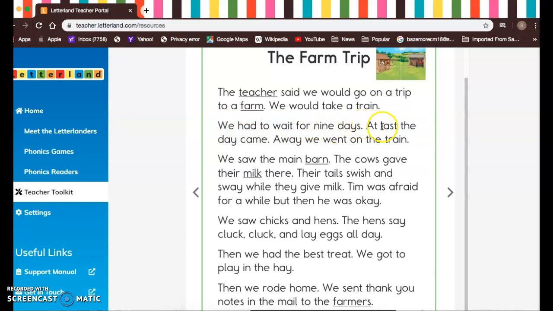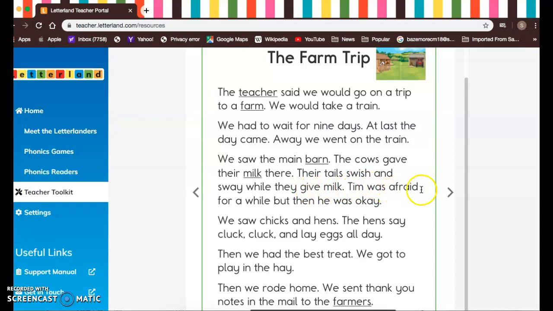At last the day came. Away we went on the train. We saw the main barn. The cows gave their milk there. Their tails swish and sway while they give milk.